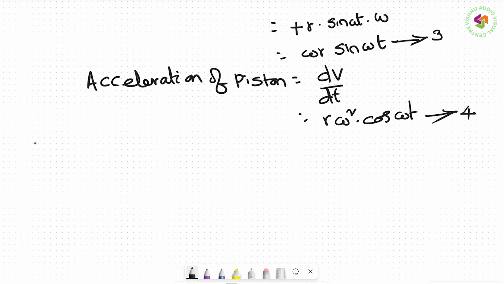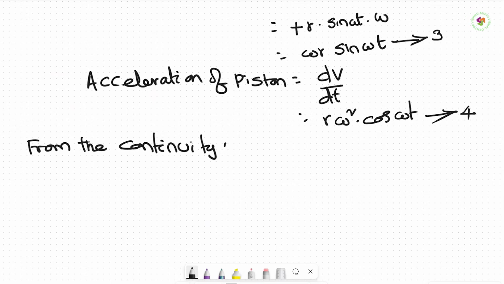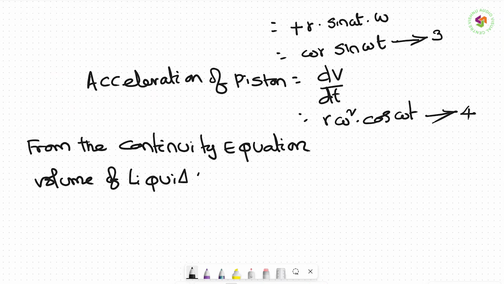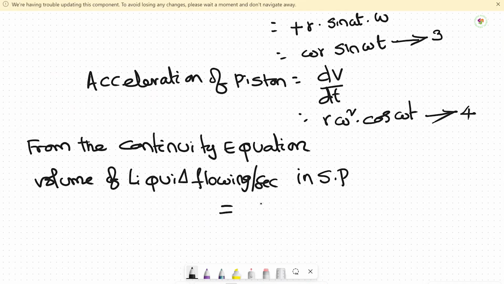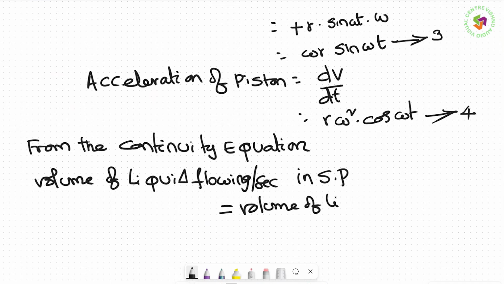Now what I do from the continuity equation, the volume of liquid flowing per second in the suction pipe is equal to the volume of liquid per second in cylinder.